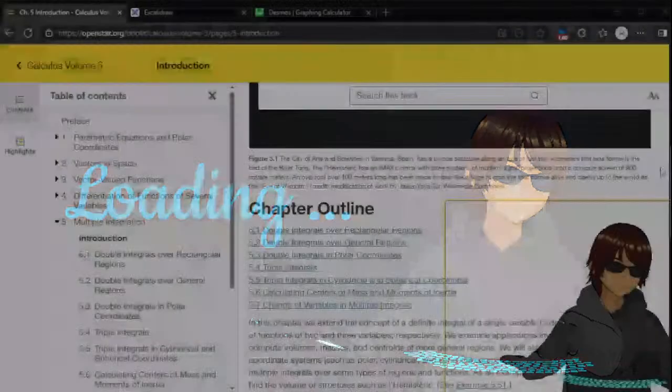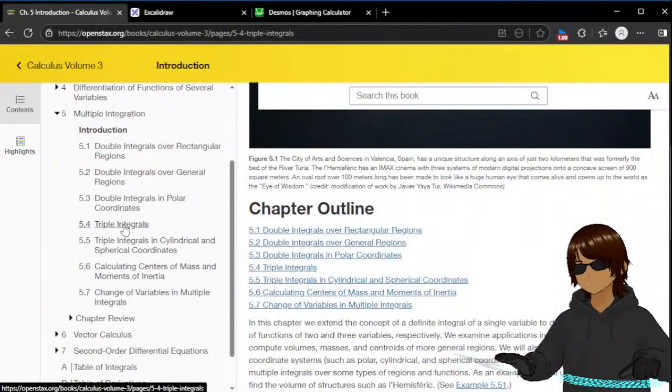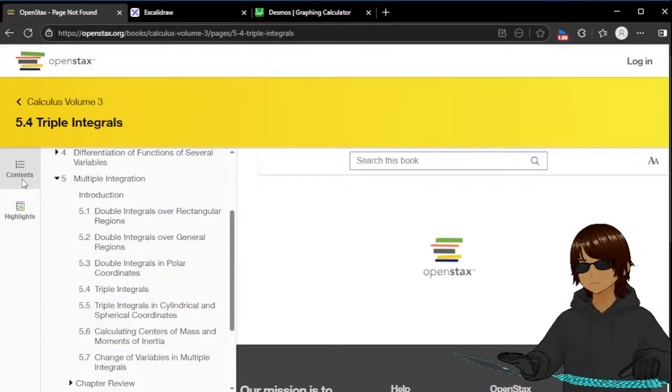So I'm going to go here to triple integrals.